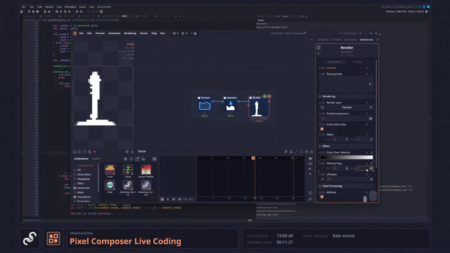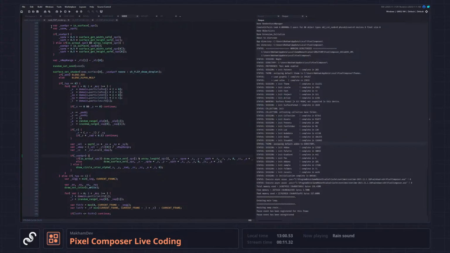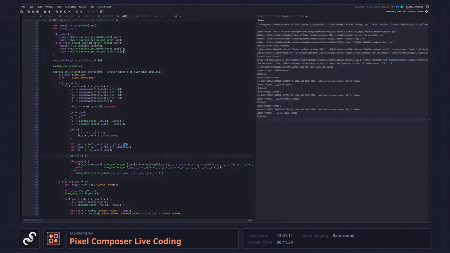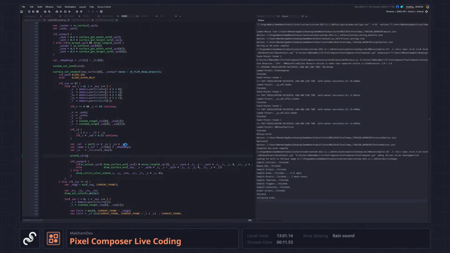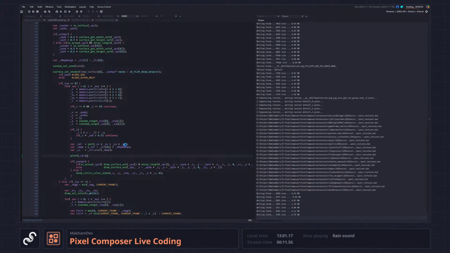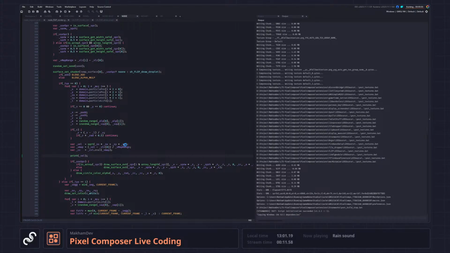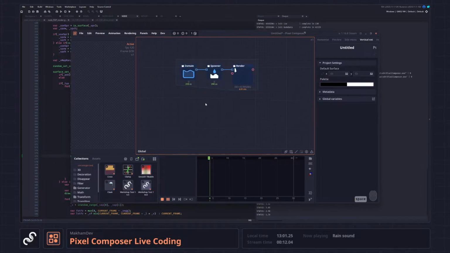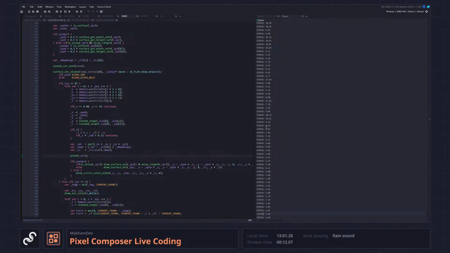Interesting. Okay, let's just print the velocity out. No, actually it's just from 1 to 10.